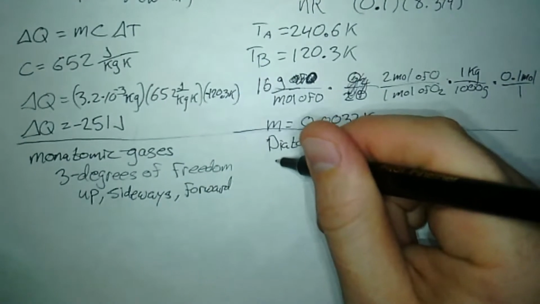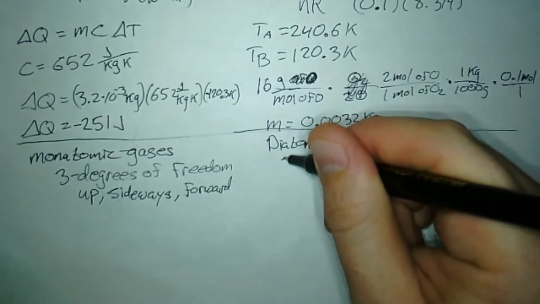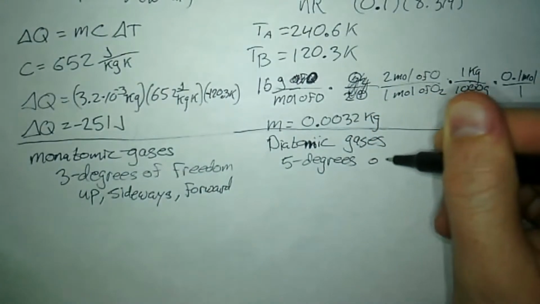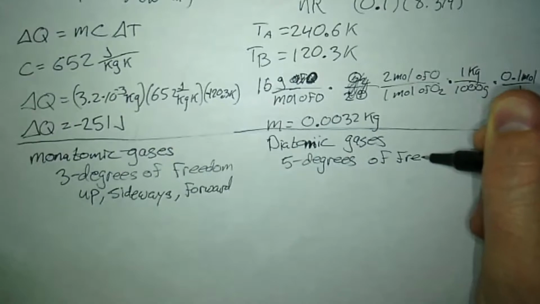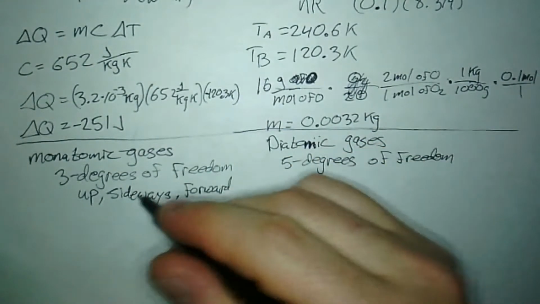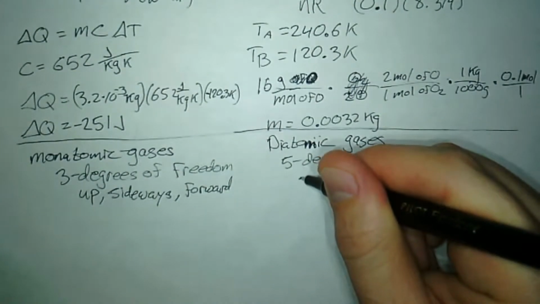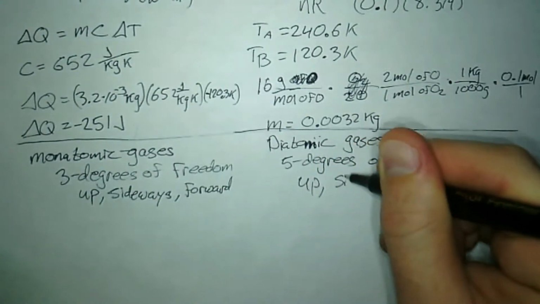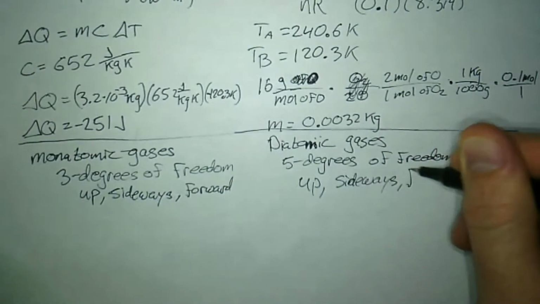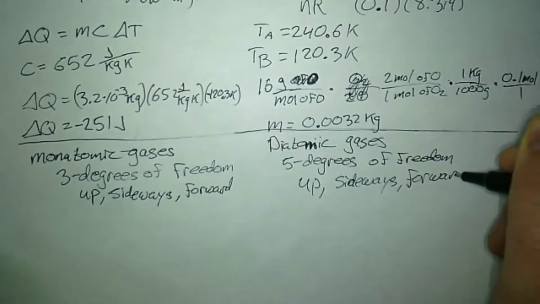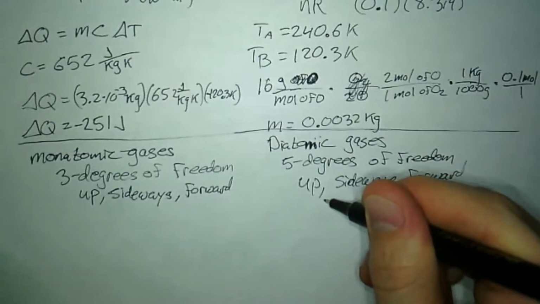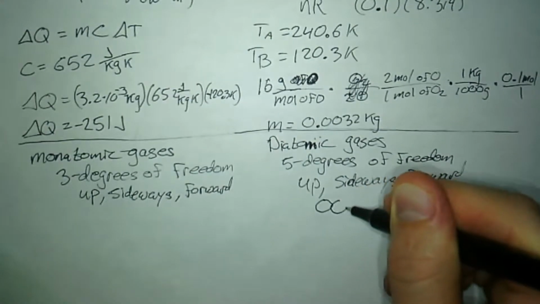Now, a diatomic gas has 5 degrees of freedom. It can still go up, sideways, forward, but it has 2 more. Because if it's a diatomic gas, it's shaped like a peanut, right? So it's going to be kind of 2 of them like this.